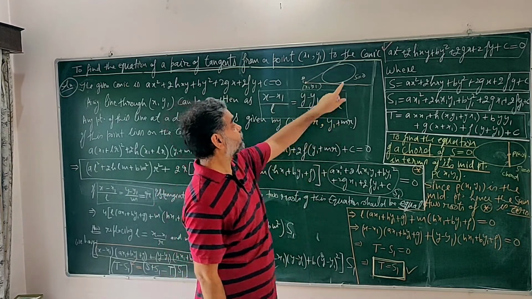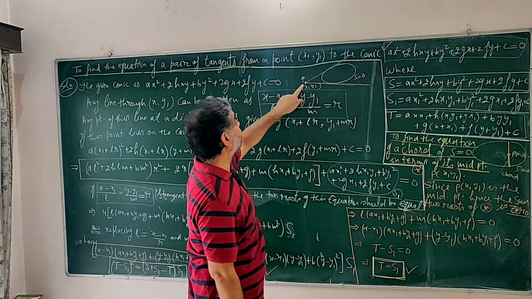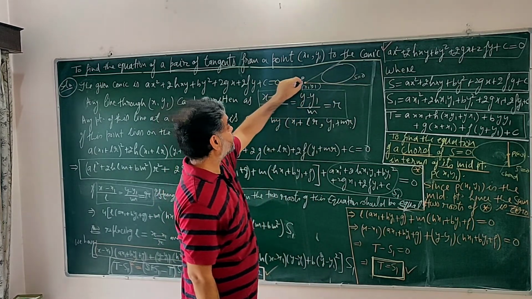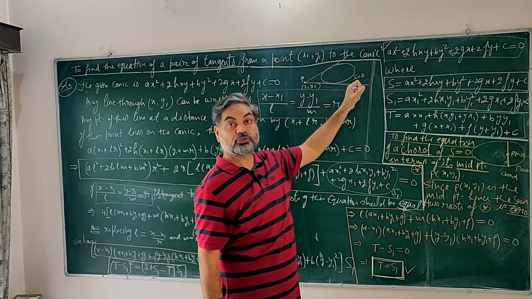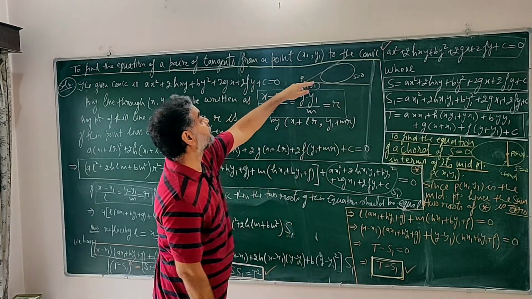So suppose we are given the equation of a conic and a point P (x1, y1), and from this point we have to draw two tangents to this conic. What would be the joint equation of these two tangents?